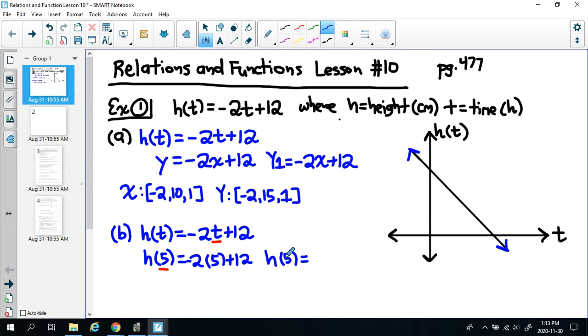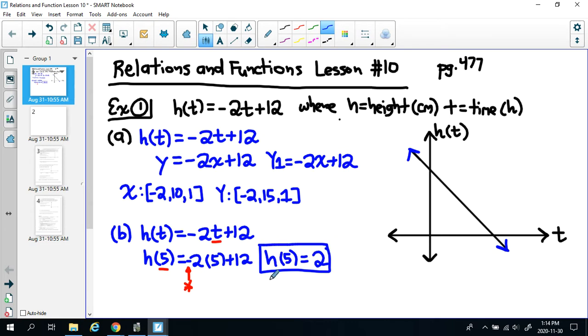Just to point that out, there should be a negative sign there. So that would be -2 times 5 is -10, plus 12 would be +2. Okay, so h of 5 would be +2.